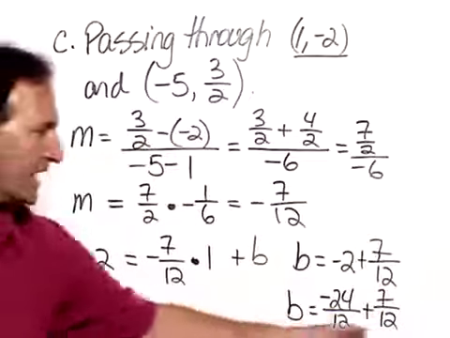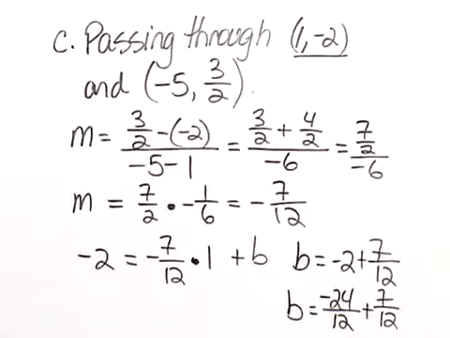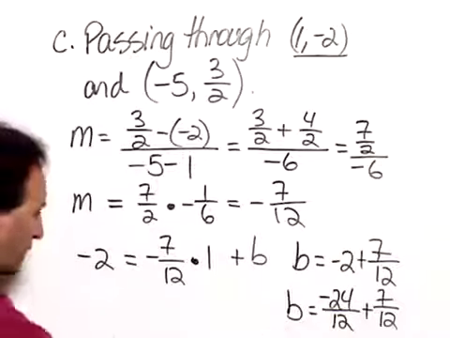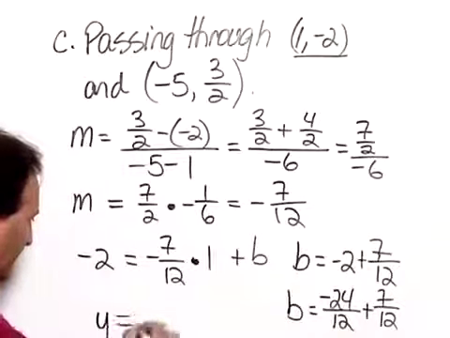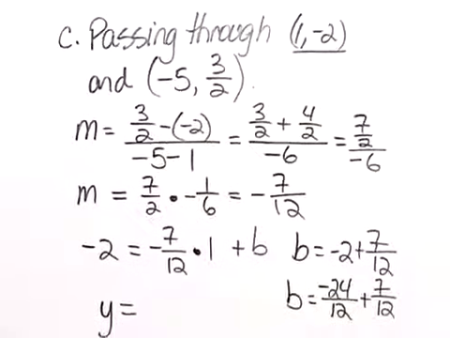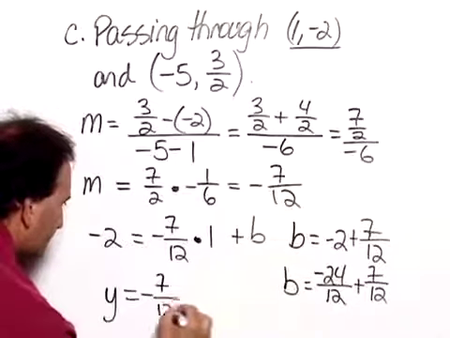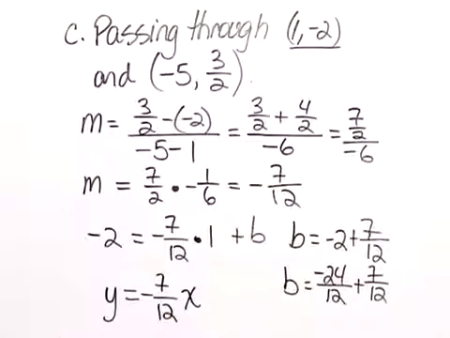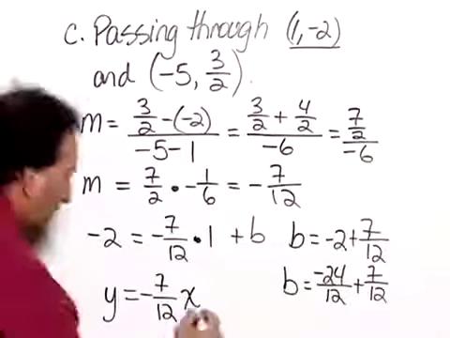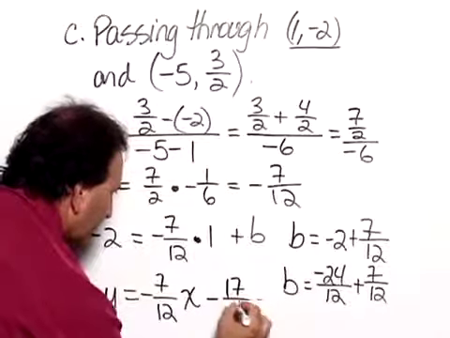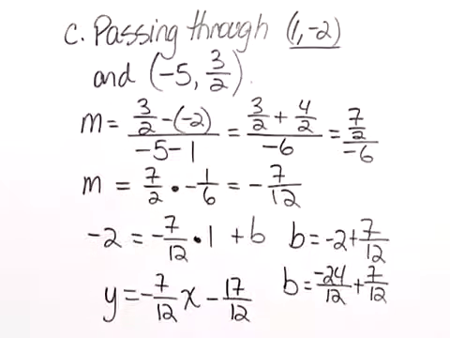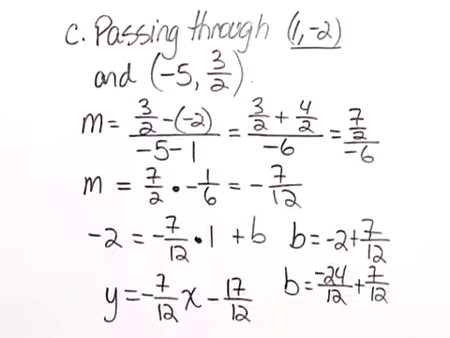When we add these together, we get b is equal to negative 17/12, which we then plug in for the value of b in the slope-intercept form, which is y equals m, which is negative 7/12 times x plus the b, which is negative 17/12. So that's our slope-intercept form, y equals negative 7/12 x minus 17/12.